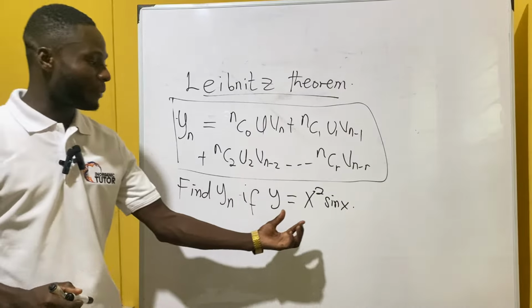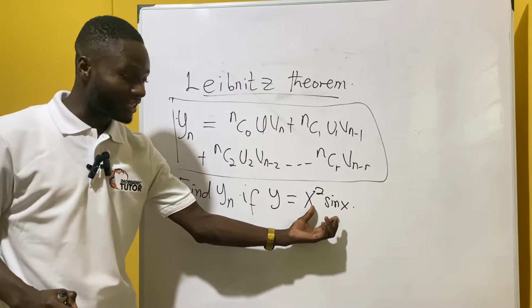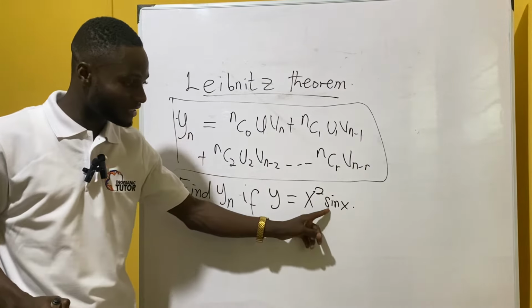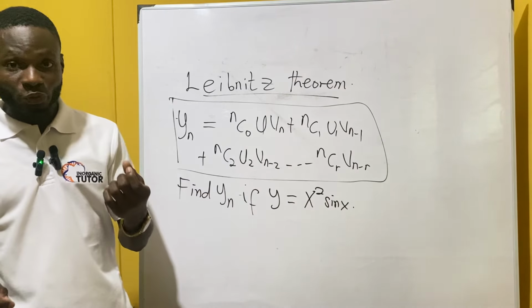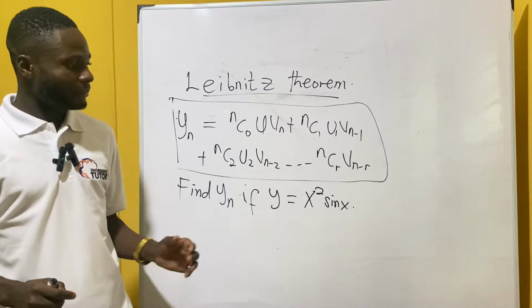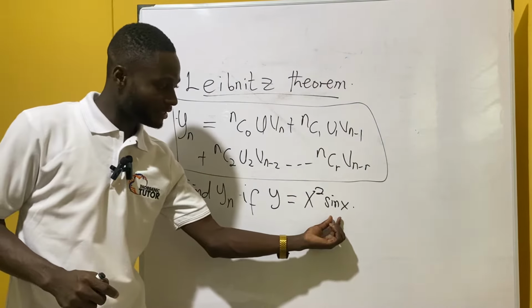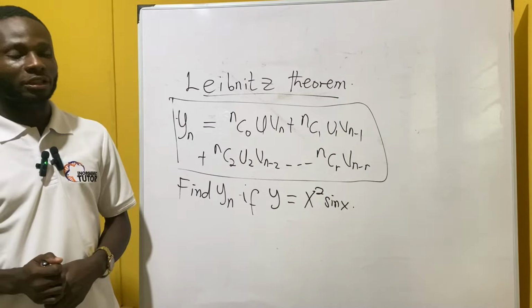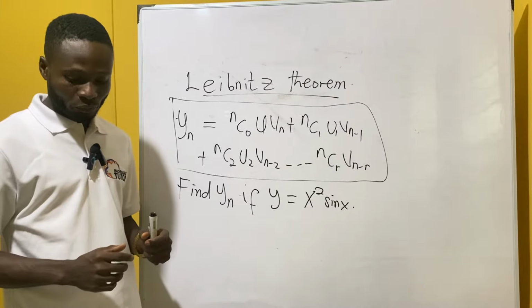In normal basic calculus, you would use the product rule, where you can differentiate both functions completely. But in this case, you can differentiate this one to a constant, but you cannot differentiate this one to a constant. So that is where the Leibniz theorem comes in.